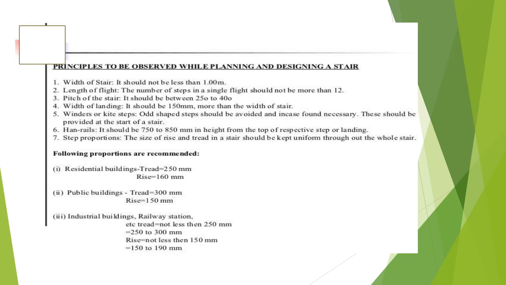Residential buildings, tread is 250 mm, riser is 160 mm. Public buildings, tread is 300 mm, rise is 150 mm. Industrial buildings, treads not less than 250 mm, rises 150 to 190 mm.